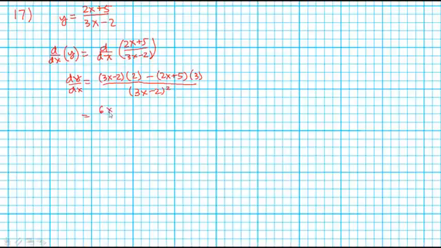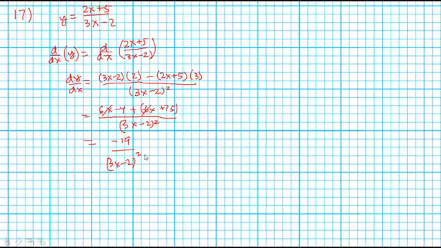How about 6x minus 4 minus 6x plus 15 all over 3x minus 2 quantity squared. Let's distribute that negative sign through, and we're going to see these 6x's cancel out, giving me a negative 4 and a negative 15, a negative 19 on top, and 3x minus 2 squared on the bottom.